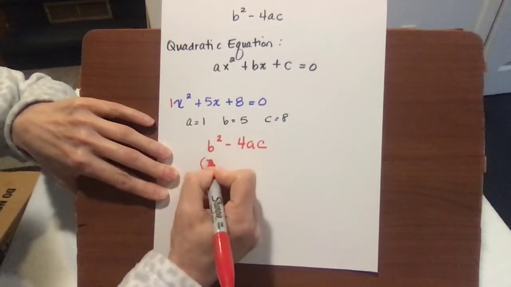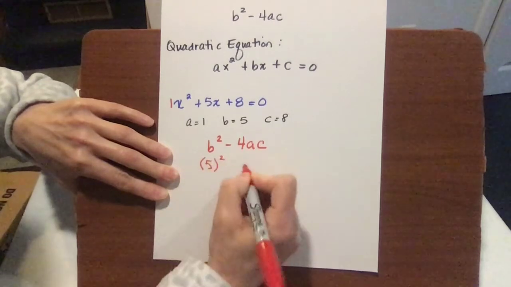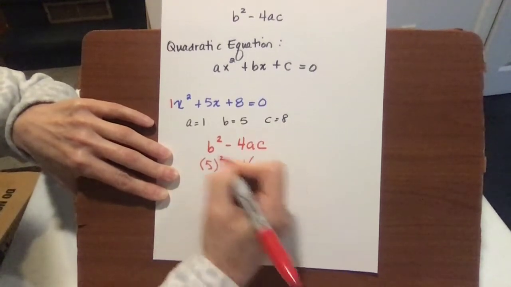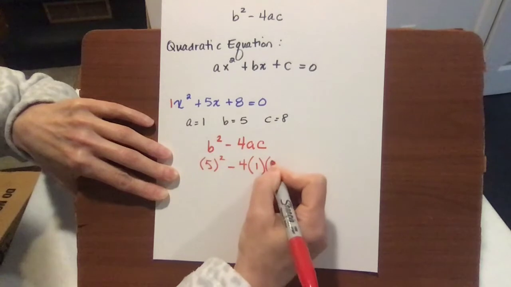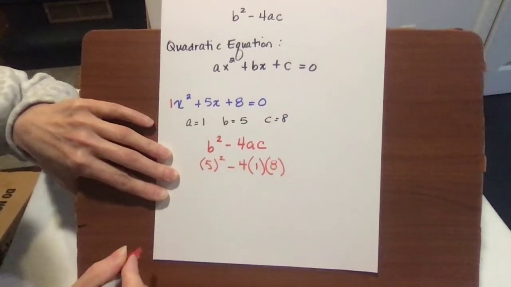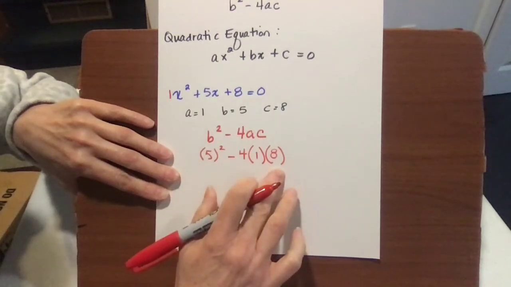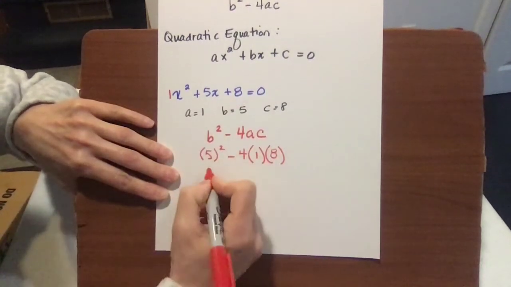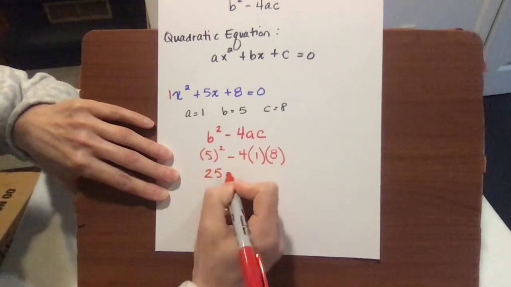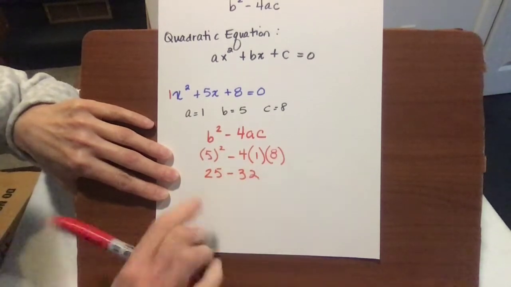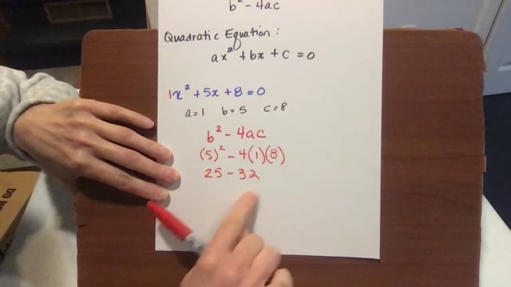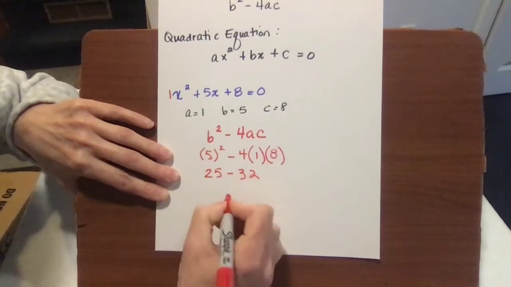So b is 5, square it, minus 4, a is 1, c is 8. And now you can get your calculator out and calculate that. You can put it in your calculator just like this, or if you're going to show your work, this would be 25 minus 32. Order of operations means we go left to right, and we're going to subtract these.